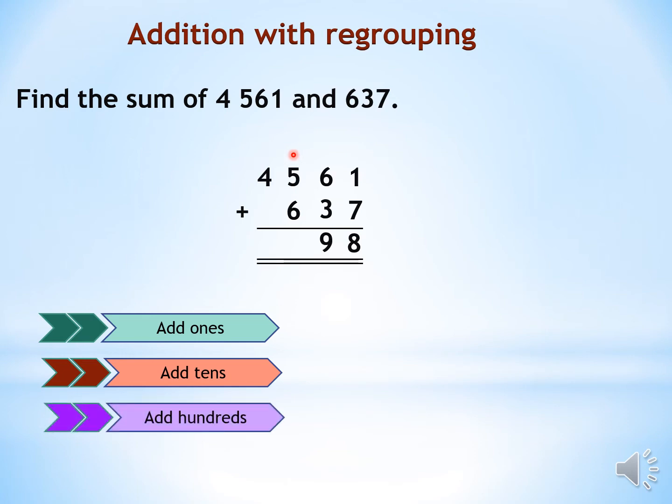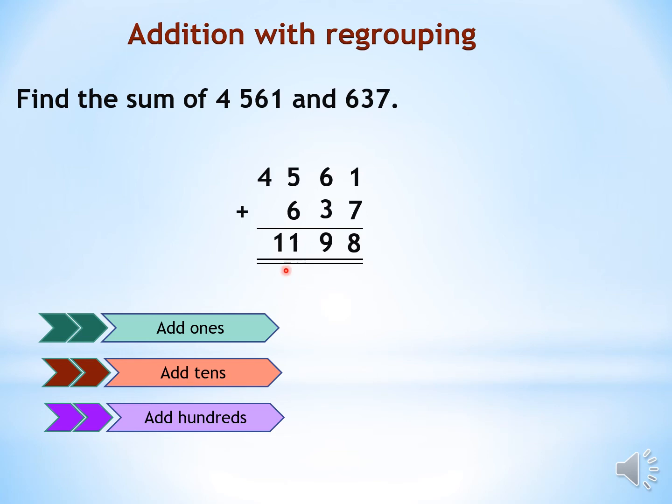Adding hundreds, 5 and 6 is 11. Can we write two digits here, children? No. Then there we should apply regrouping. Okay. Now you can remember what regrouping is.